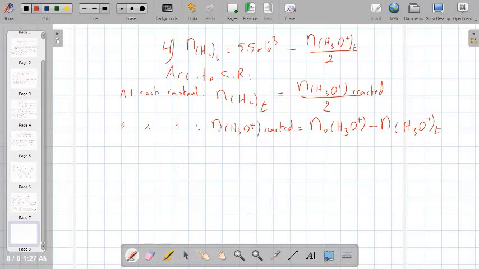We can replace the number of moles of H3O plus reacted by N0 minus N left in the relation of NH2.